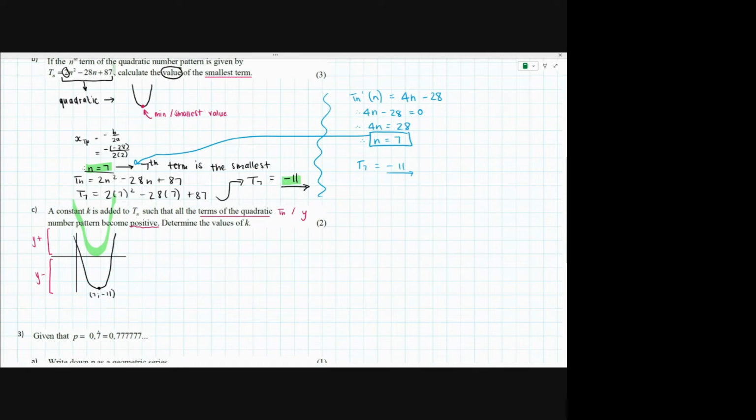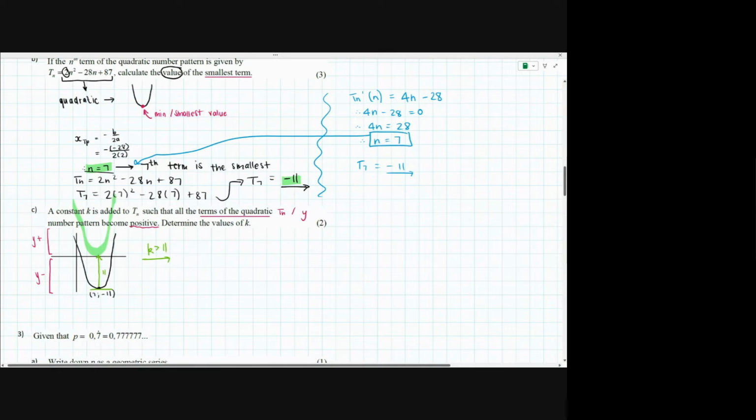If we follow that logic, this turning point needs to move up above my x-axis because that turning point is the lowest, the smallest point on my graph. Now this is a distance of 11 units. So it needs to go just more than 11 units to all be positive.